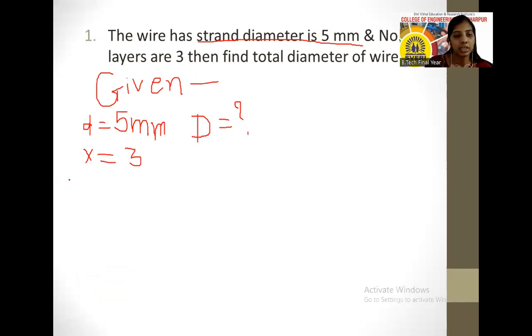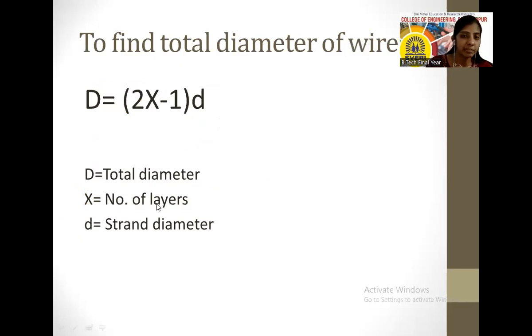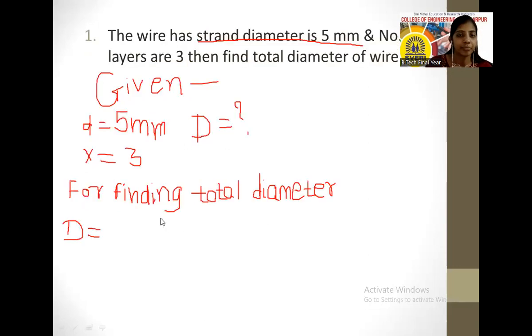So for finding the total diameter, capital D, we have to use the above formula. That means (2x minus 1) multiplied by d.